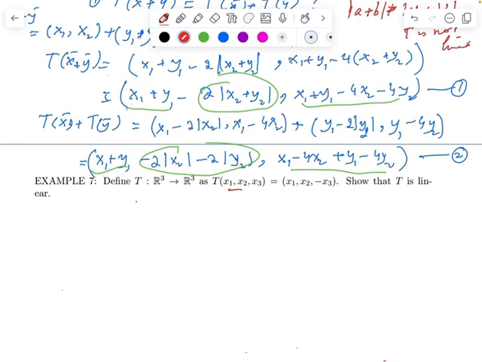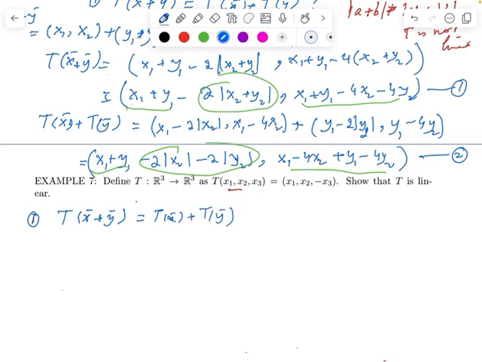So again we will use the two parts of the linearity property, and the first one I have to show that T of x plus y is equal to T of x plus T of y.